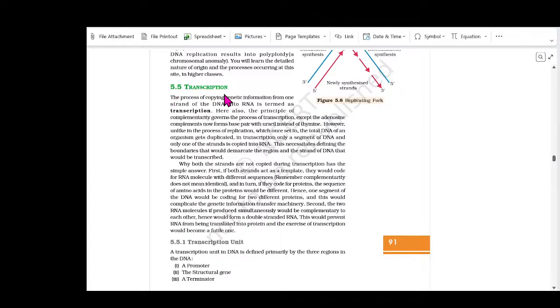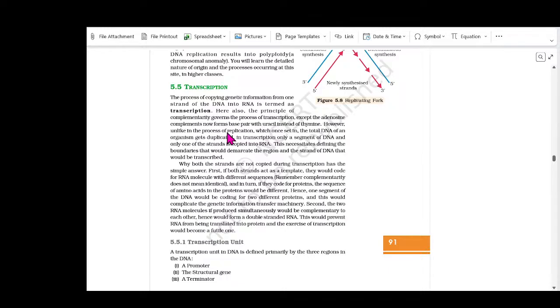5.5 Transcription. The process of copying genetic information from one strand of the DNA into RNA is termed transcription. Here also the principle of complementarity governs the process of transcription, except that adenosine now forms a base pair with uracil instead of thymine.